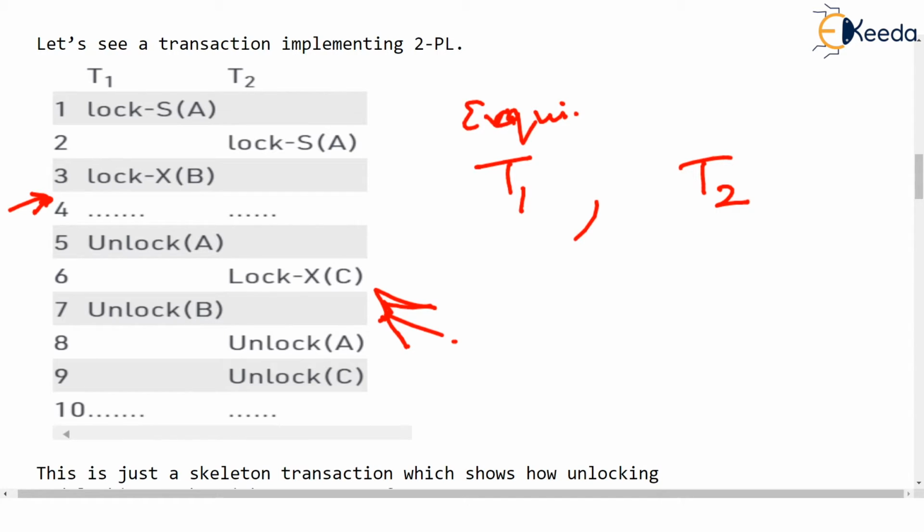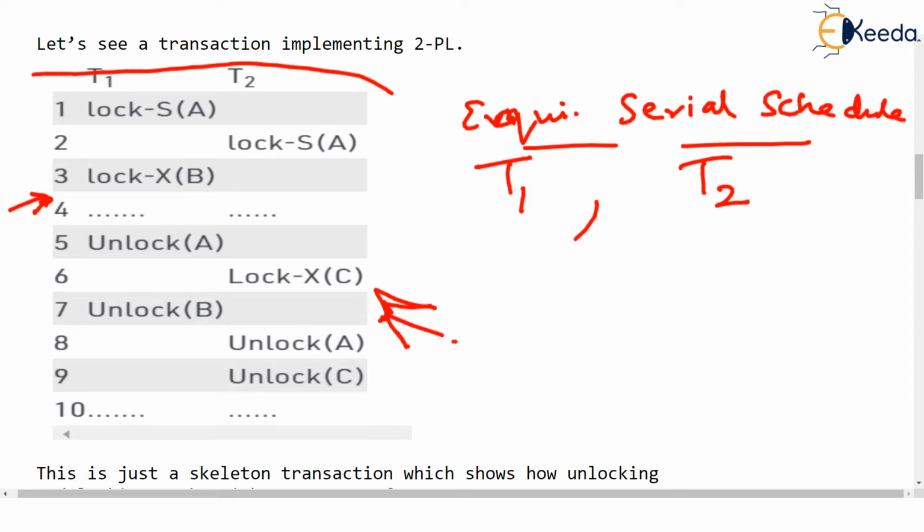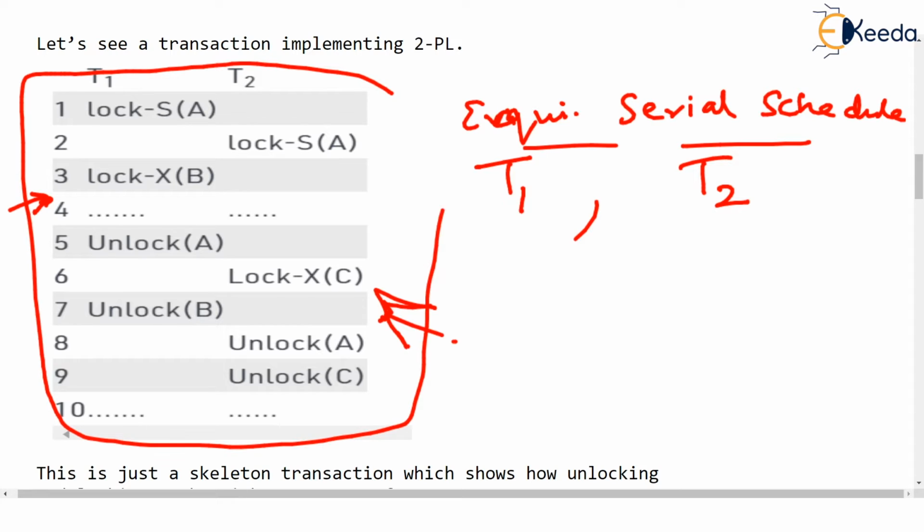If you write them in the increasing order of their lock points, then you get equivalent serial schedule. Equivalent serial schedule for the given concurrent schedule. That means this particular schedule shown on the left here, this concurrent schedule, is serializable with this serial schedule.